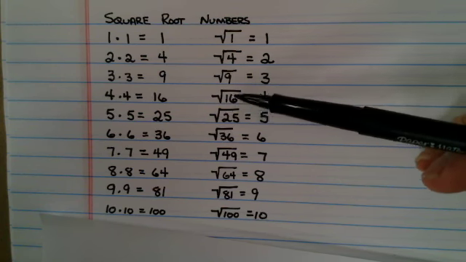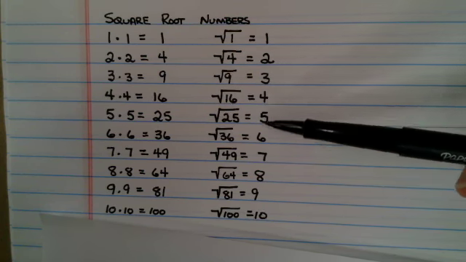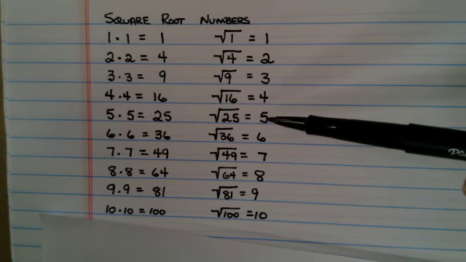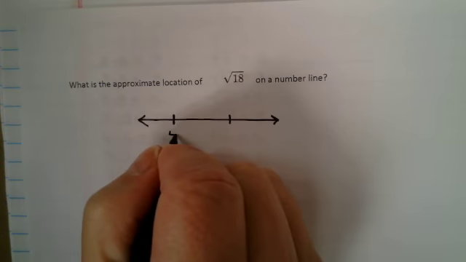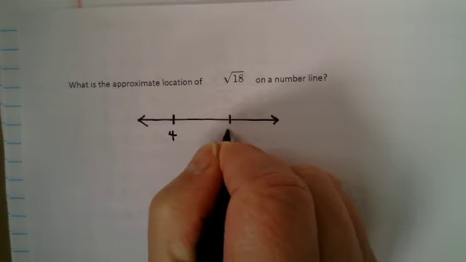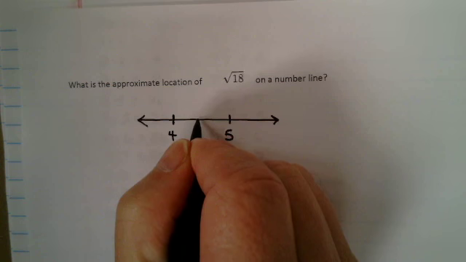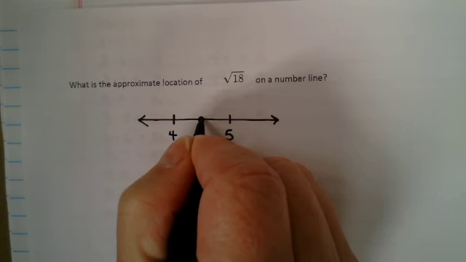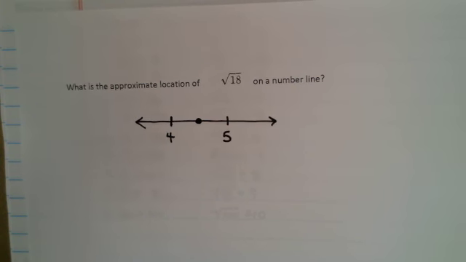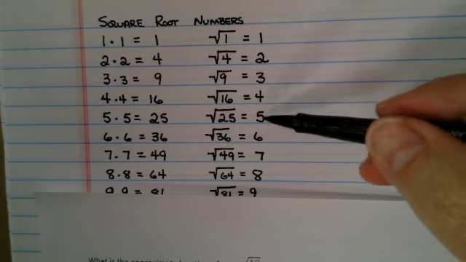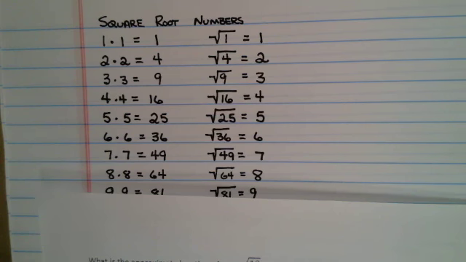Square root of 18 is in between these two. That means the two numbers I need to have on my graph are 4 and 5. So I'm going to put 4 right here, because my smaller numbers go over here, and 5 right here. And so I'm going to put a dot in between 4 and 5. Square root of 18 has to be in between 4 and 5.